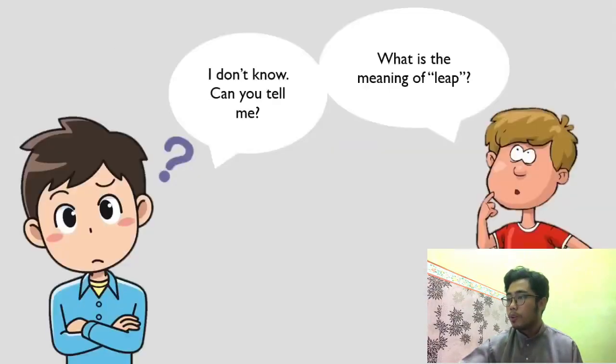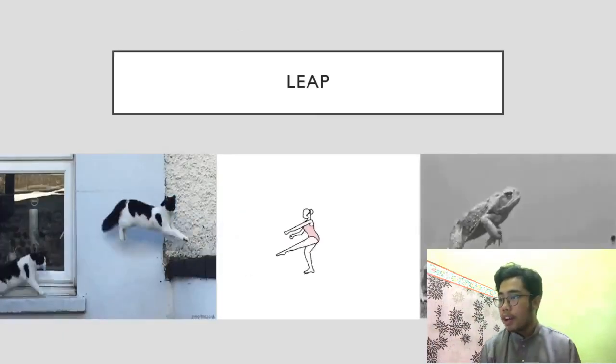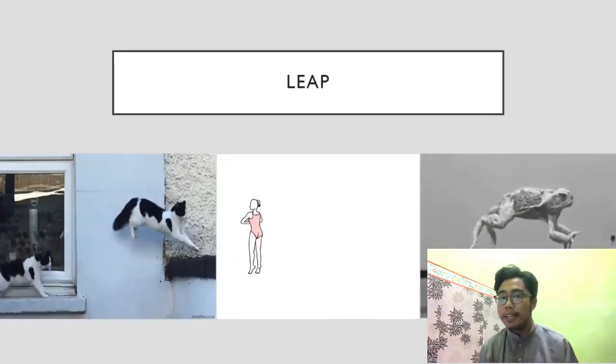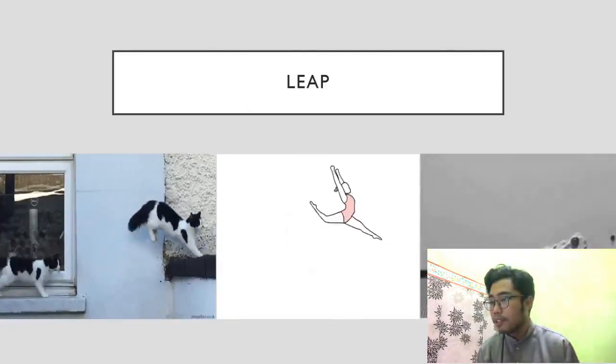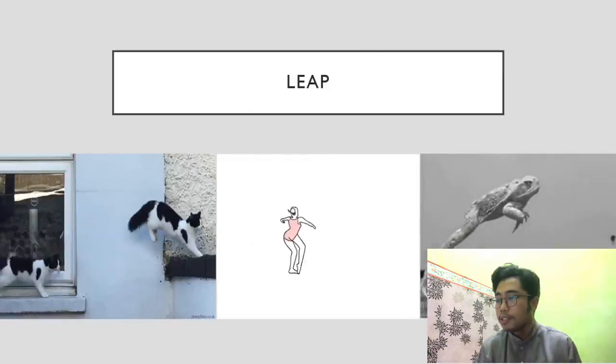So, what is the meaning of leap anyway? I don't know. Can you tell me? I can. Let's look at what is the meaning of leap. Okay, the first animated picture. If it's not playing, you can click the picture. It will play.